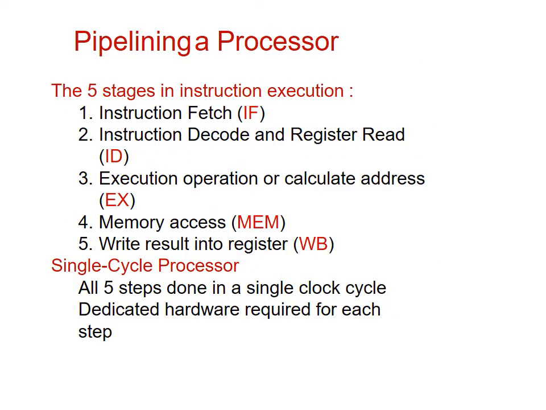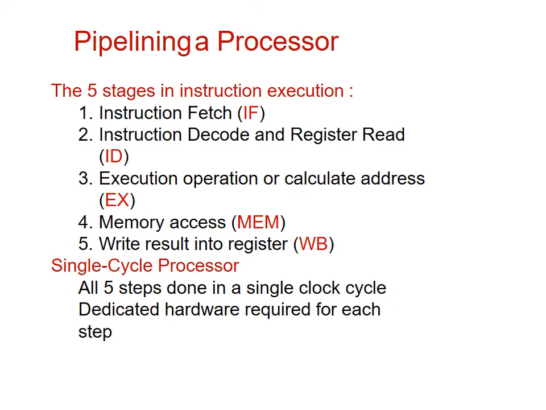A pipelined processor has 5 stages in instruction execution. First is instruction fetch, mentioned as IF. Second is instruction decode and register read, ID. The third is execute operation or calculate address, EX.